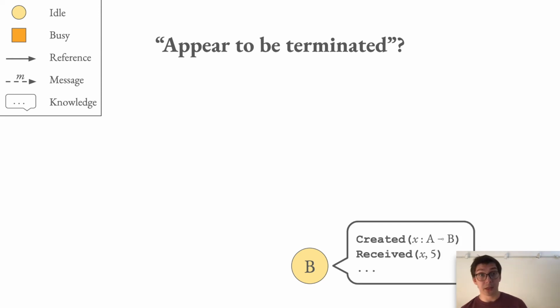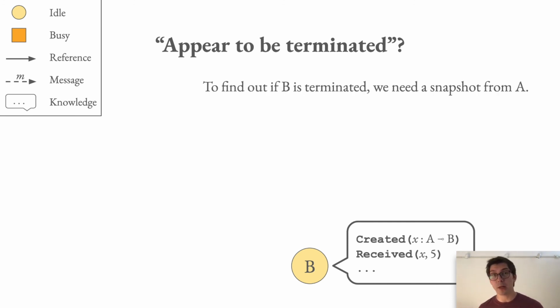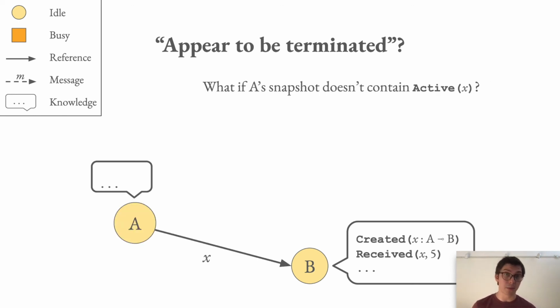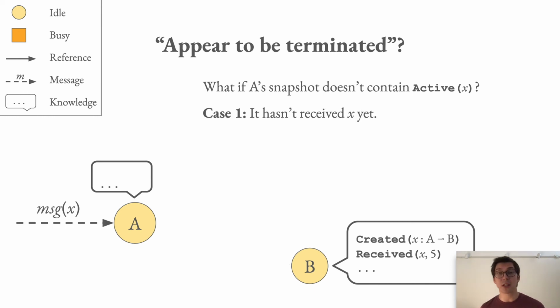So what if it does have this created fact? That means A might be a potential inverse acquaintance of B. So to find out if B is terminated, we need a snapshot from A. And looking at A's snapshot, there are a couple of possibilities. First, what if A's snapshot doesn't contain active X? One possibility is that A hasn't received X from whoever created it.